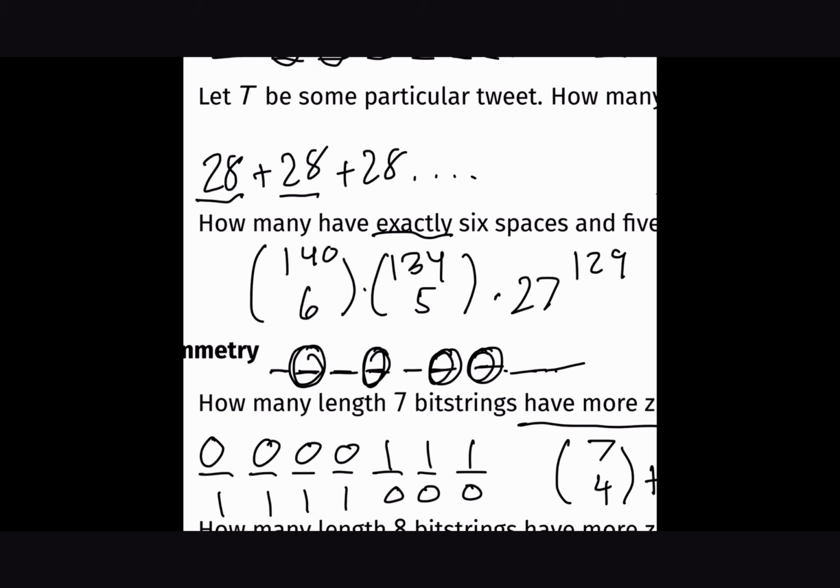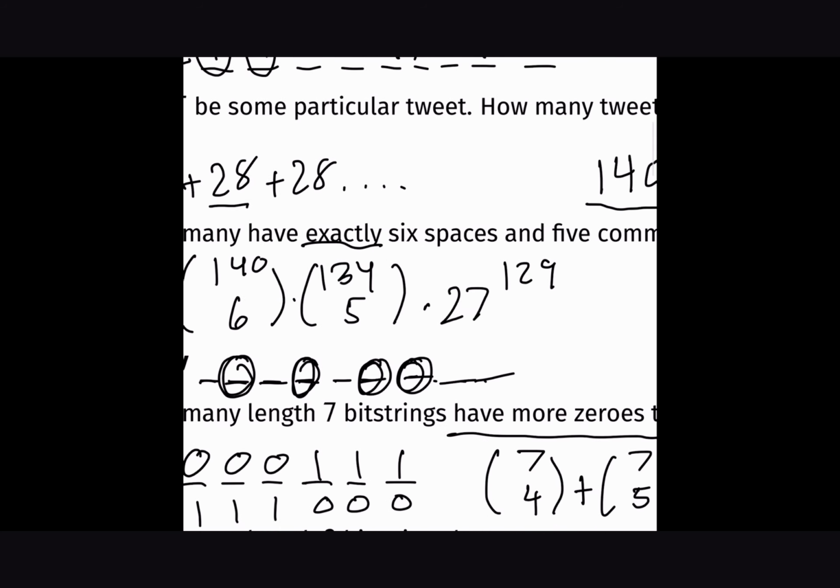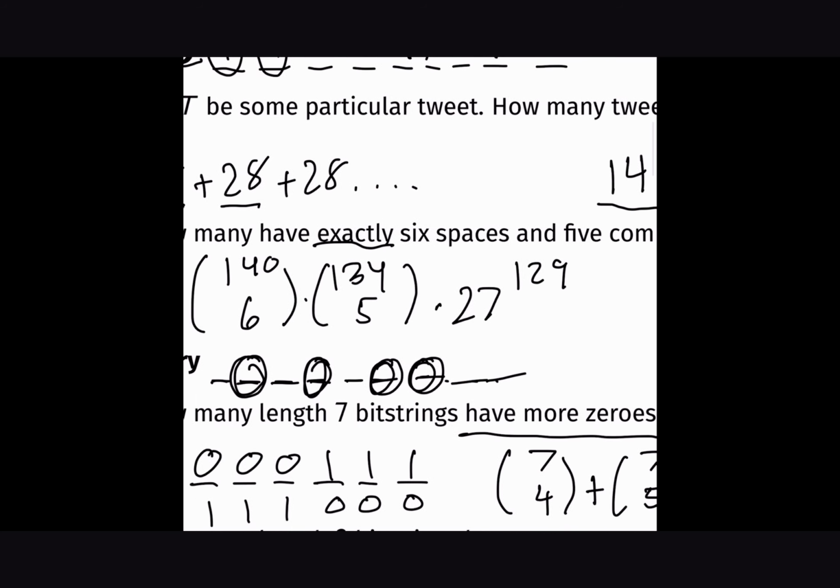Now, because we selected our spaces, we only have 134 characters left in our message to fill in. And we want to fill 5 to be our commas. So that means out of the 134 blanks left, we choose 5 to represent our commas. After that, we now have exactly 6 spaces and 5 commas.